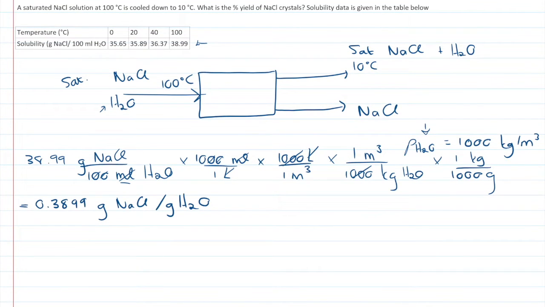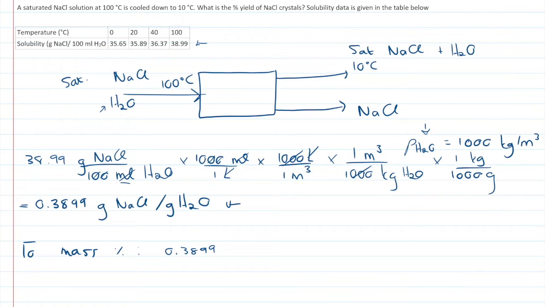If you want to convert this to mass percent, you can choose a basis of 1 gram of water, which means that for every 1 gram of water, we have 0.3899 grams sodium chloride.